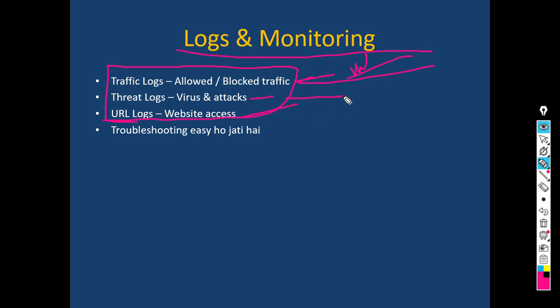Threat logs give you complete visibility on the attacks, virus attacks and all. URL logs give you what kind of URLs are getting allowed, if we have configured URL filtering. Apart from these three logs, there are multiple other logs that are generated on the firewall. We will go through all these logs when we do the lab.